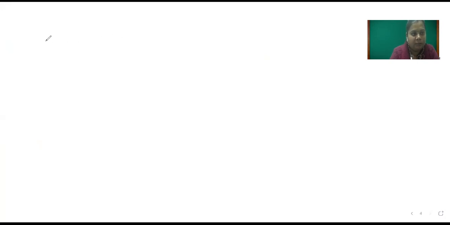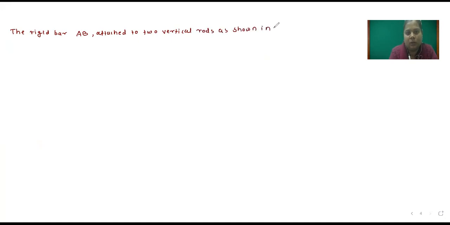The rigid bar AB attached to two vertical rods as shown in the figure below.